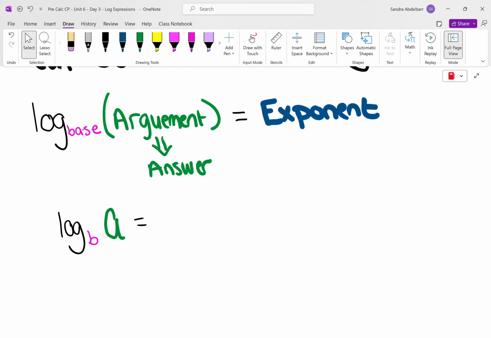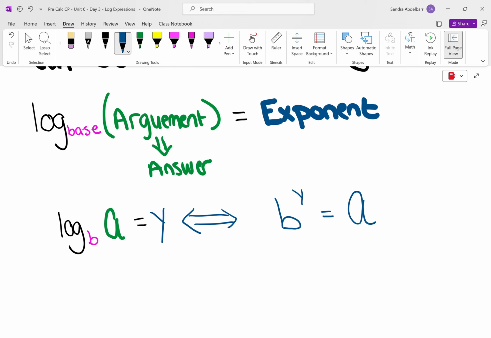Sorry, equals y, not e. If we want to change this into exponential, my base is b. What's the exponent? y. Equals my argument or the answer, which is a.